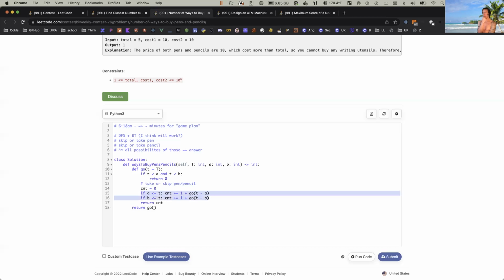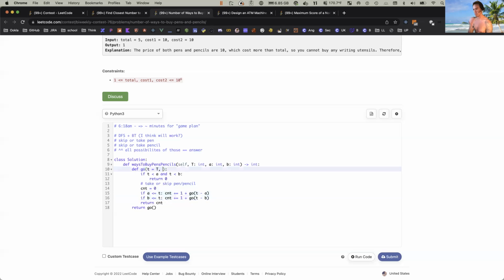Hold on. Take A first and then as many B's as we can. Take B first and then A as we can. It's the opposite. So how do I express this in code? Let's do a Boolean flag maybe.